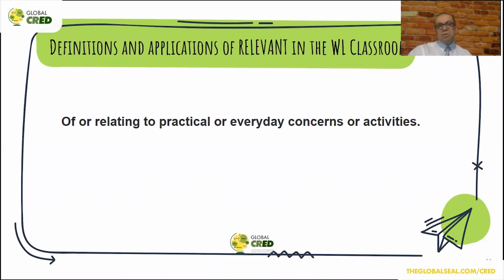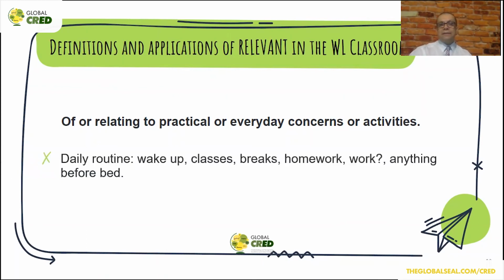Things to our students, things that are related to everyday concerns of activities. So the most important thing to our students, if we're talking about middle school, upper school students, are daily routine. But what is the daily routine? The daily routine is that I shower, I comb my hair, no. That's just the reflexive verbs lesson, okay?